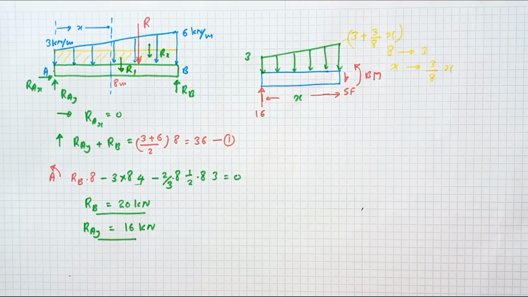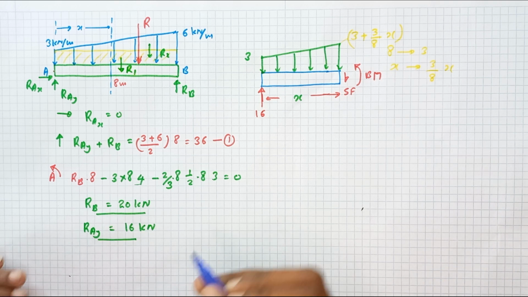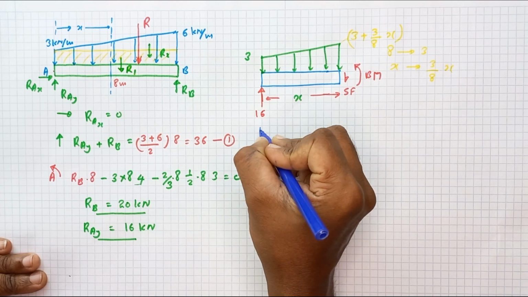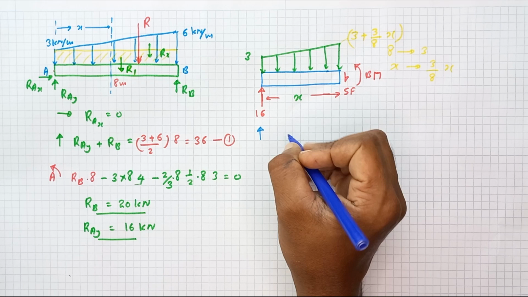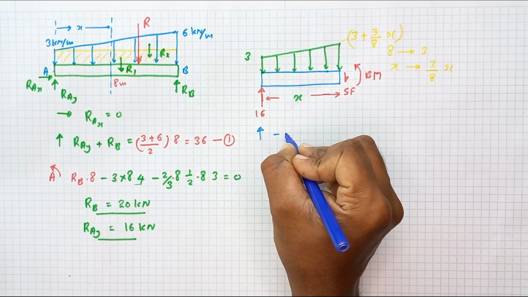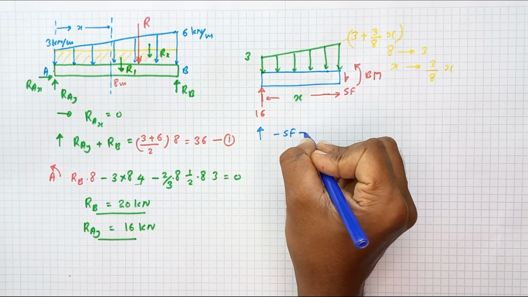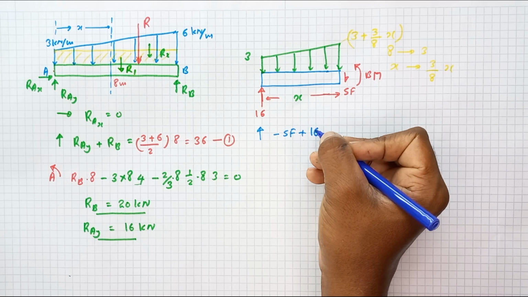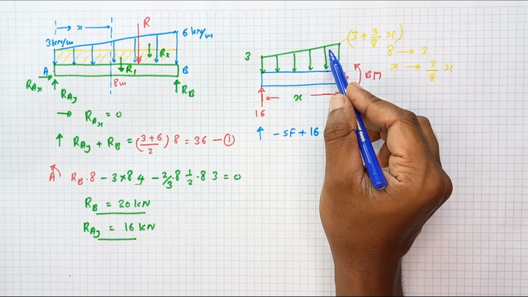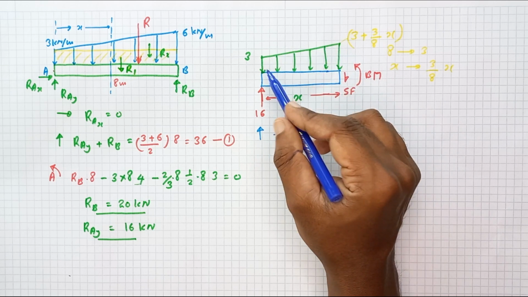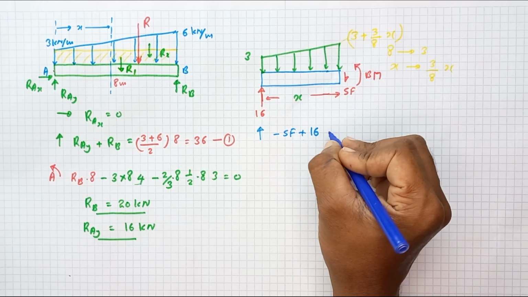Okay. Then first of all, I am going to find the shear force. To find the shear force, I am going to resolve the forces in vertical direction. Here, minus shear force plus 16. Then the total force produced by this trapezoid area. The area we can calculate.